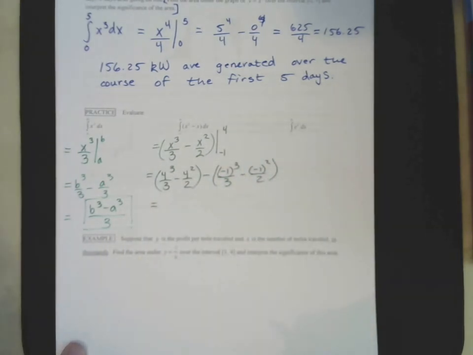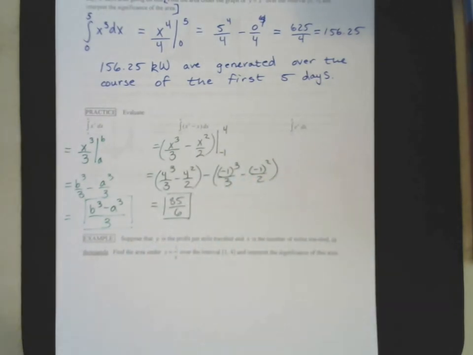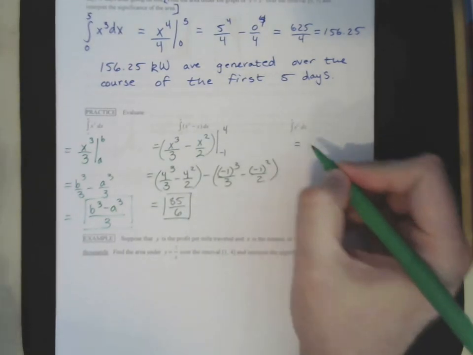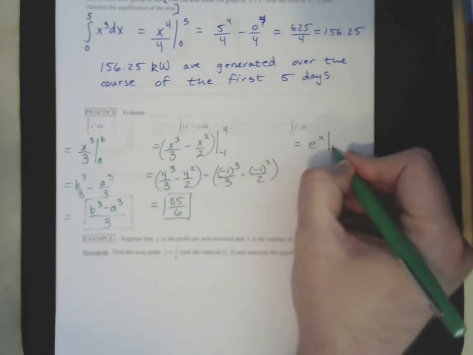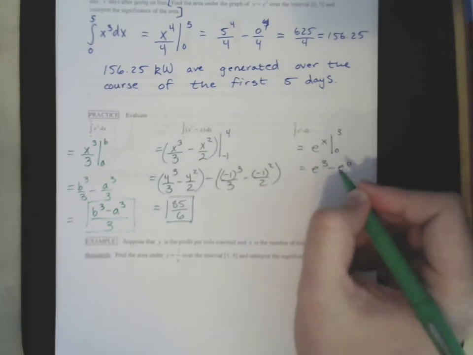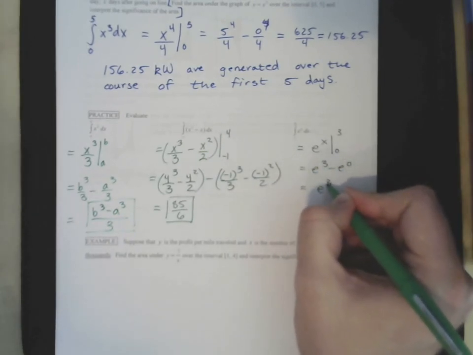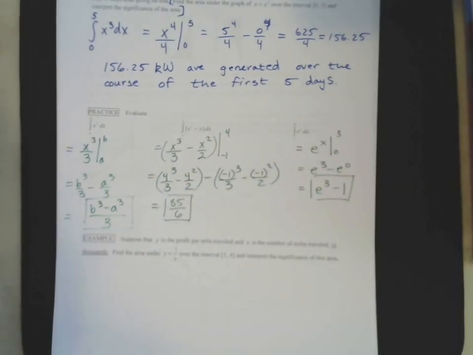And when you add all that up, you get 85 over 6 as our final area under that curve. And then finally, the antiderivative of e to the x is e to the x, evaluated from 0 to 3. So this is e cubed minus e to the 0, or just e cubed minus 1. And again, it's e, so we're going to leave it as e.